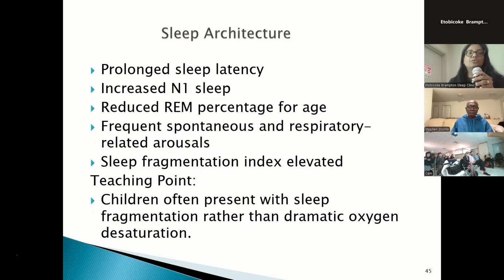Sleep architecture shows prolonged sleep latency, increased N1 sleep, reduced REM percentage for the age, frequent spontaneous and respiratory-related arousals, and an elevated sleep fragmentation index. The teaching point here: children often present with sleep fragmentation rather than dramatic oxygen desaturation.